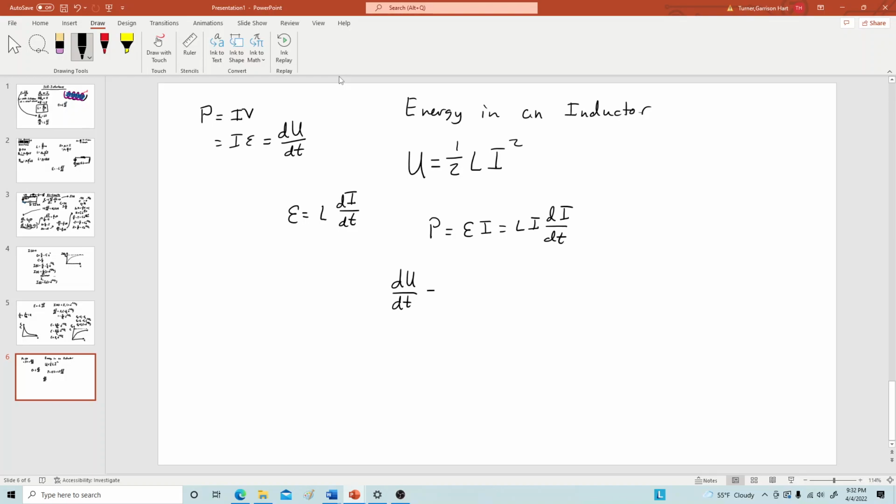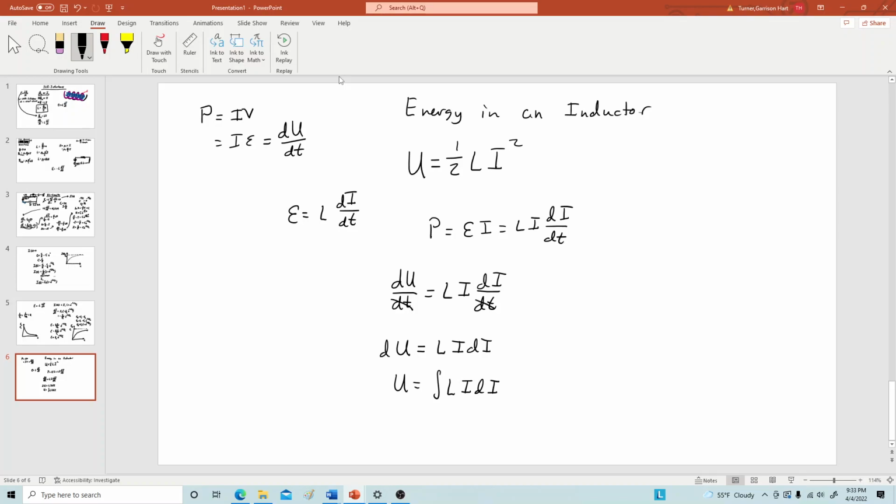Okay, so dU first is going to be equal to, we can cross out the dt's, and this is going to be equal to L I dI. Right? And U is then going to be the integral of L times I dI.